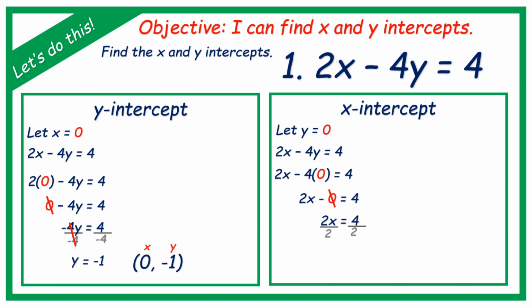So 2x divided by 2 cancels 2, leaving x isolated, and bring down the equal sign. Then 4 divided by 2 is 2. So if y is 0, our x is 2. You got it, just like that.